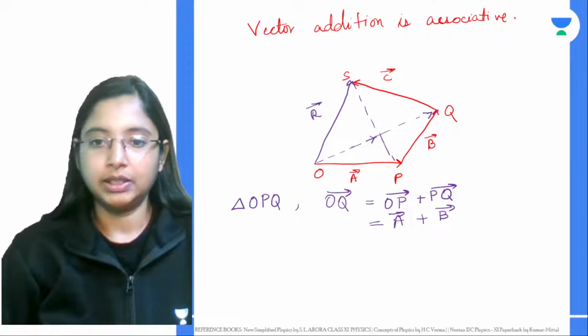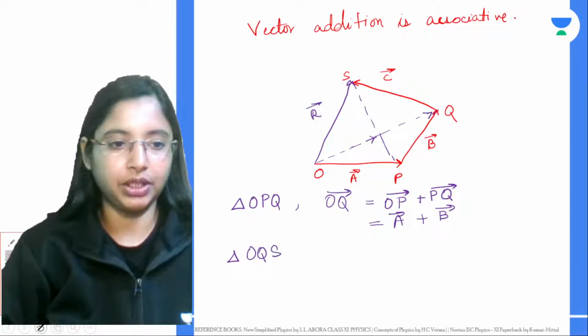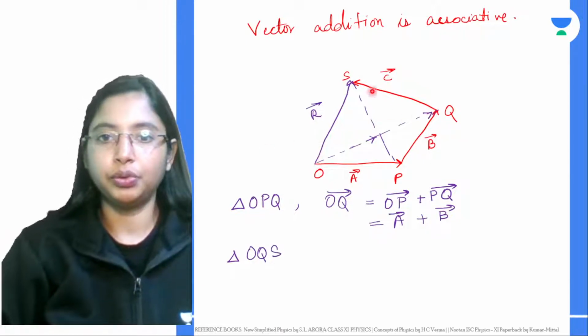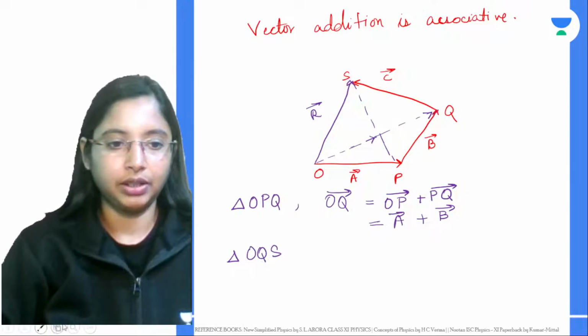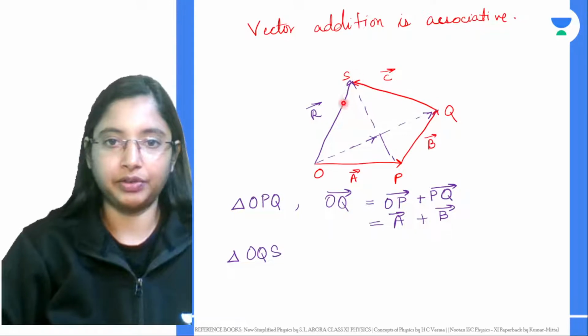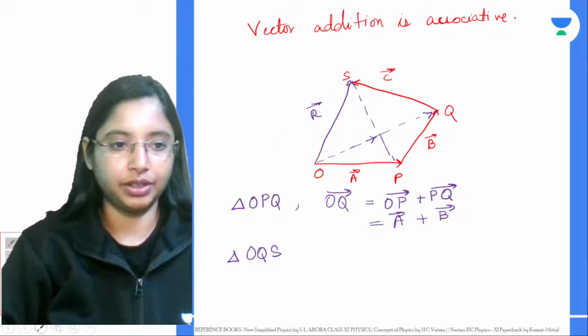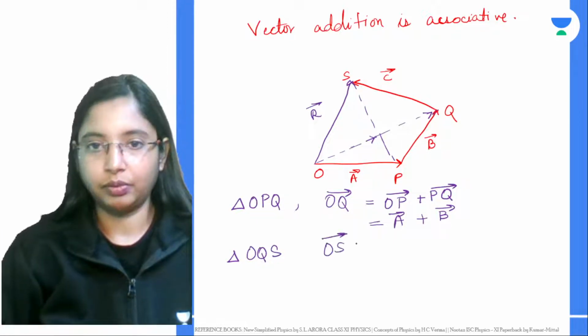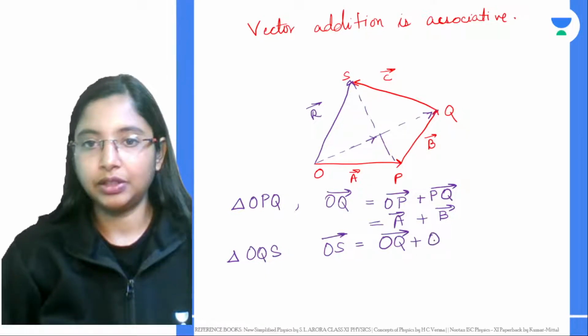Now similarly, in the triangle OQS, this OS vector, considering this part of the triangle, will be equal to OQ vector plus QS vector.